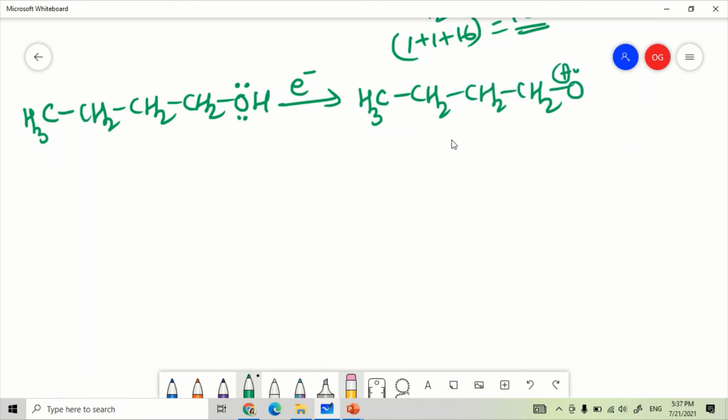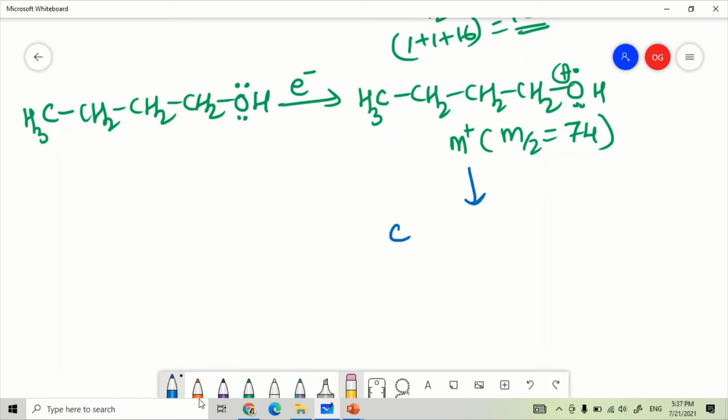Okay, so this is my molecular ion with m/z value 74. Now in this case I have to remove a water molecule. I know that I have to remove a water molecule because in the case of alcohols heterolytic cleavage is possible. So by performing that heterolytic cleavage I have to remove the water molecule.